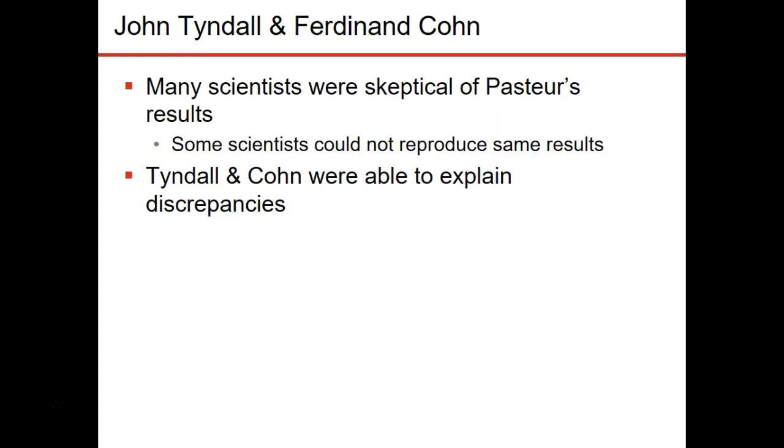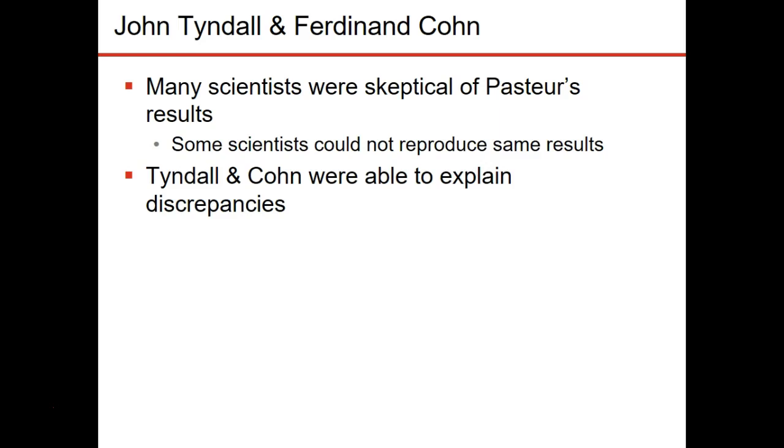And so scientists would take Pasteur's work and then they would run the same experiment, but they didn't get the same results. And so if the experimental design is perfect, the results should be the same every single time.